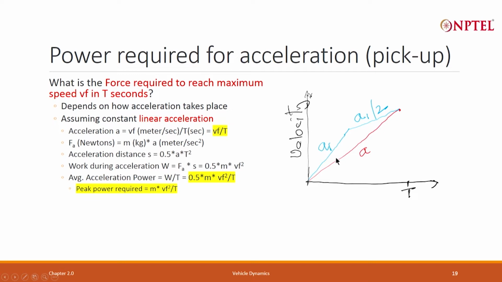The main advantage when you accelerate more in the beginning is that the velocity is less, so the power consumed is less. Power consumed is velocity multiplied by the acceleration force. So, though the acceleration force is slightly higher, the velocity is less, so the power consumed is less here.